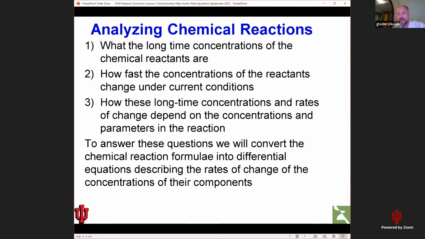We did a little bit of that last time, where you set the left-hand side of your equation to 0, say the time variation is 0, and you try to solve for that. But the first thing we have to do from a reaction diagram is turn it into a differential equation.